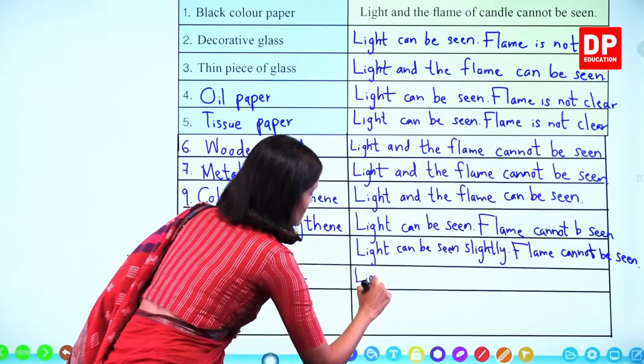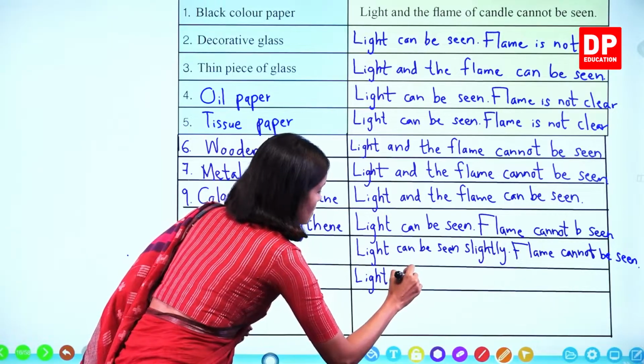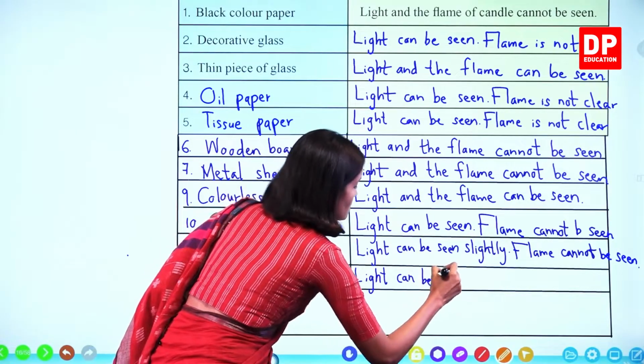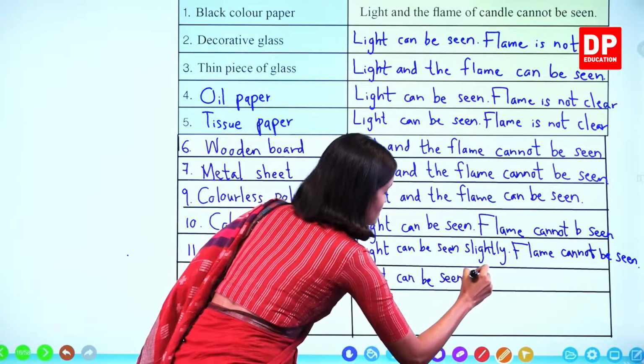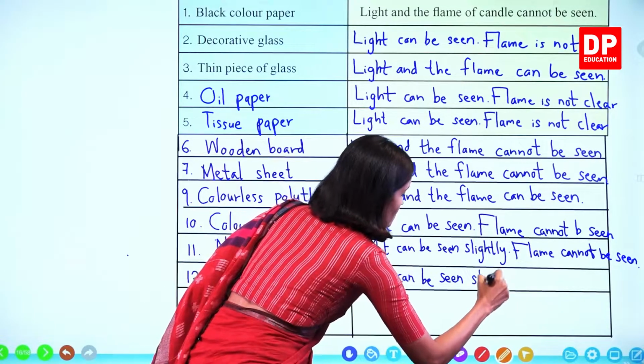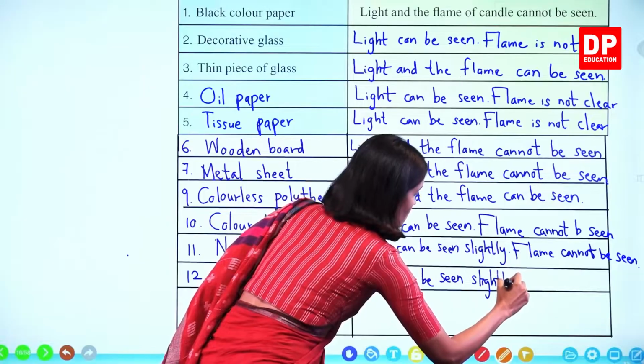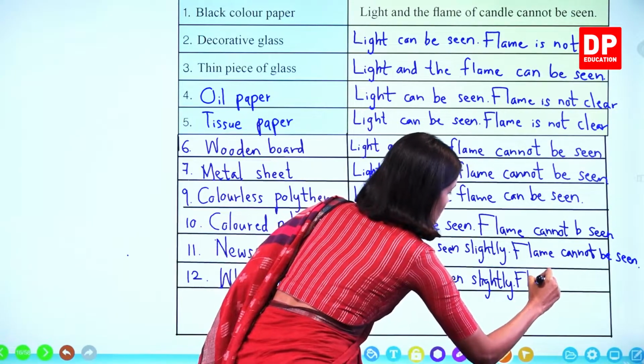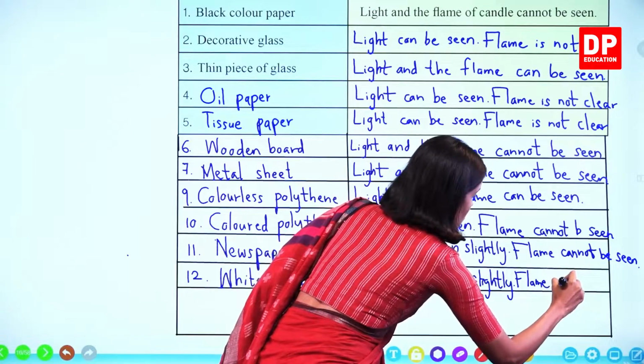Light can be seen slightly. Flame cannot be seen.